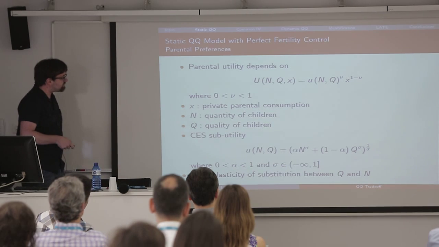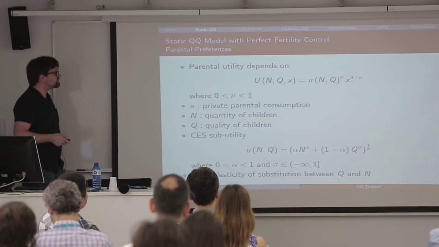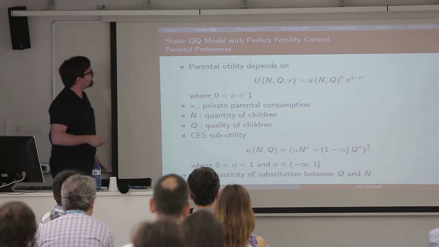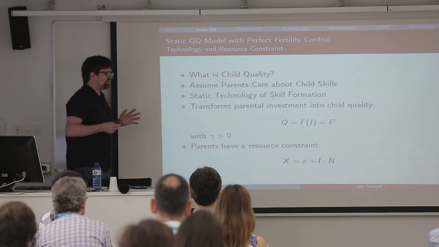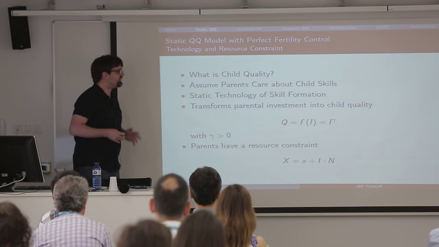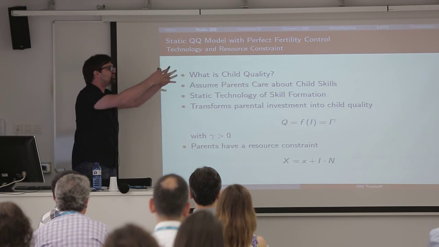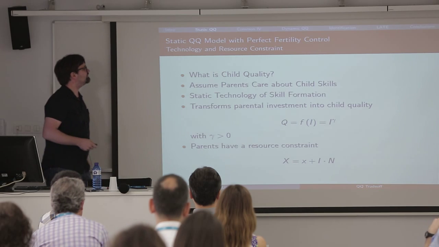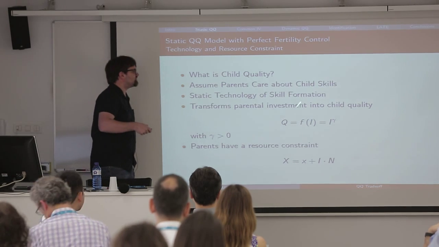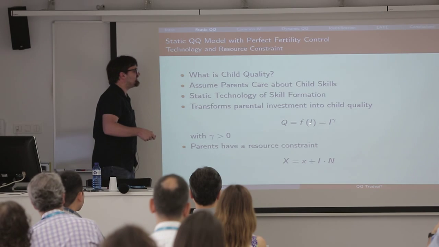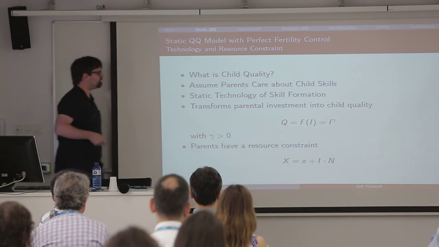Okay, and sigma is the key parameter characterizing the elasticity of substitution between q and n. So what is child quality? Well, we're going to be assuming that to link it to this literature on skill formation, we're going to say, well, parents care about the eventual final level of skill that this kid has. So parents care about skills. So we have a static technology of skill formation that transforms investment I into quality Q.